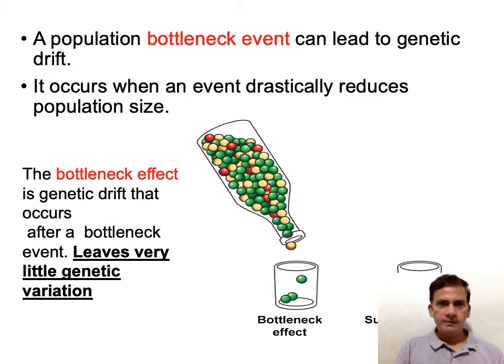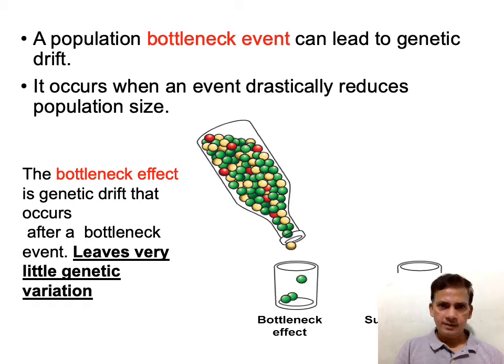So a bottleneck effect is, let's imagine there is a natural catastrophe. Because of this natural catastrophe, most of the individuals could be wiped off, and only few individuals are left. Now those few individuals are left with very little genetic variation.